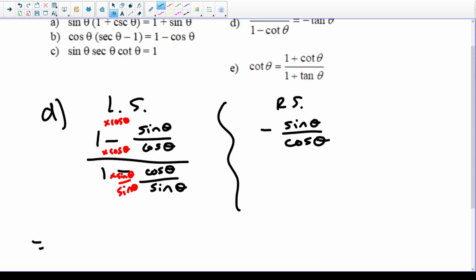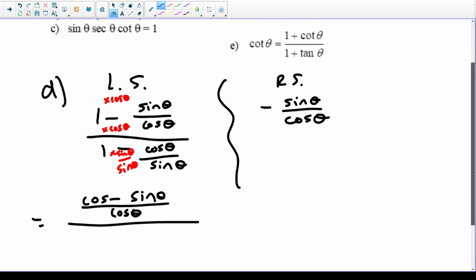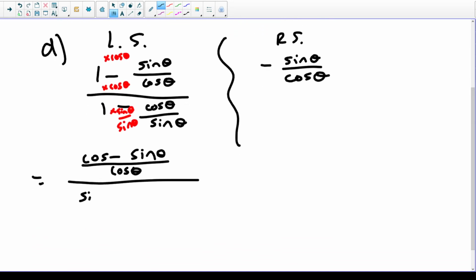So that's going to give me cos theta minus sine theta at the top, divided by cos theta, which is going to be the common denominator now. And that's all divided by sine theta minus cos theta all over sine theta.